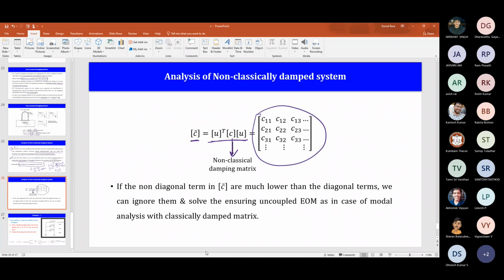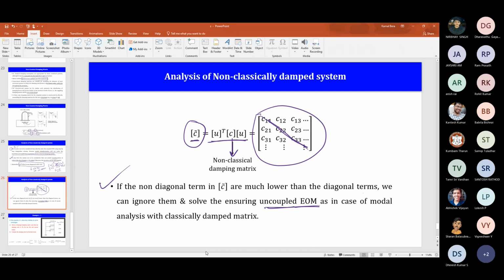If you see that your non-diagonal terms are numerically negligibly small as opposed to the diagonal terms, that means the diagonal terms are predominant. Then for approximation you can choose only the diagonal matrix and do what we already studied for the uncoupled equation of motion. That is what is written here: if the non-diagonal terms of C tilde, the modal damping matrix, are much lower than the diagonal terms, we can ignore them and solve the resulting uncoupled equation of motion, because we are only concentrating on the diagonal terms.